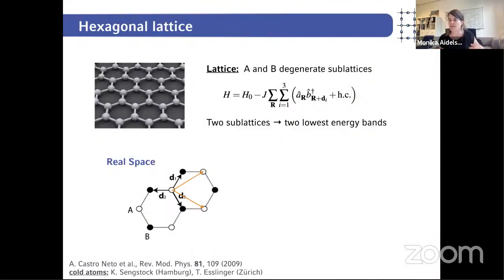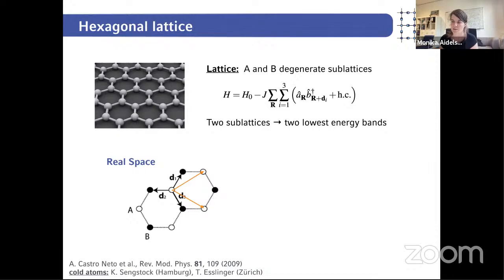And as a reminder, I'm not 100% sure if you have seen that in other lectures already, but the hexagonal lattice consists of 2 sublattices, A and B. So if you calculate the band structure, it's very similar to the calculation of the band structure of the SSH model. So we have these sublattices A and B, and we can interpret the cell periodic Bloch function in the end as this quasi-spinor, and think about how this quasi-spinor rotates in momentum space.